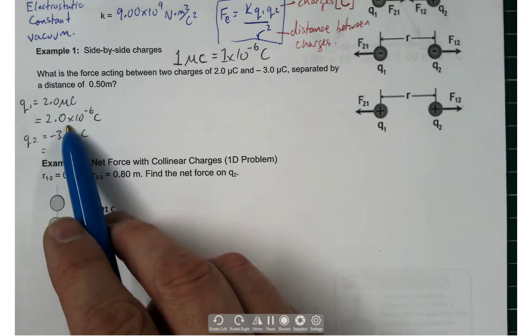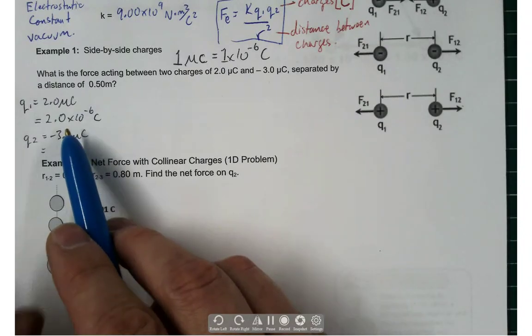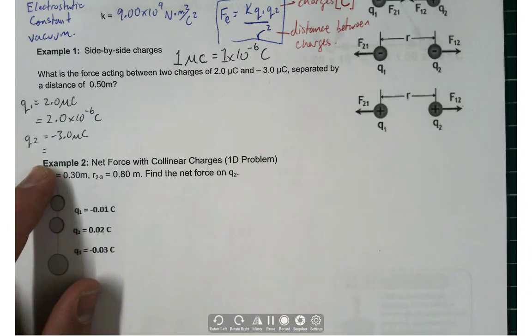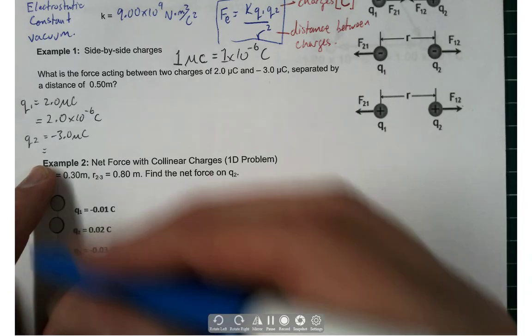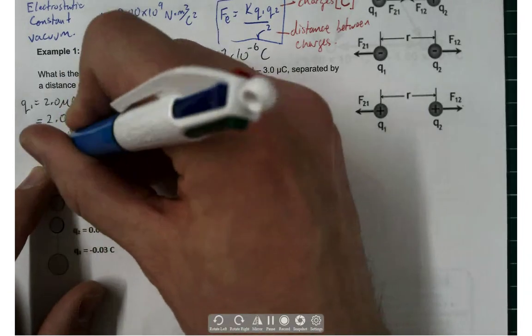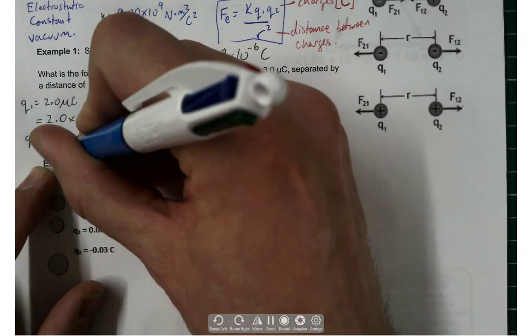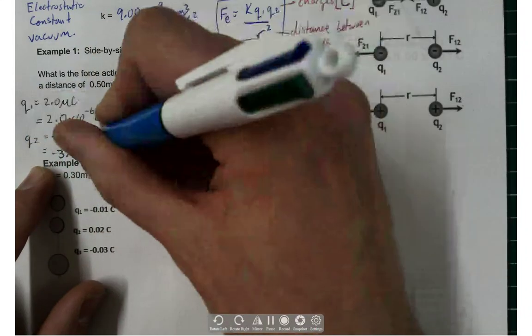The reason is that electrons are the mobile charge, right? So we talked about ionization or things losing charge, electronegativity they talk about in chemistry class, but somehow electrons have been stolen from something to make it positive. We don't deposit protons. That's just not the way charge gets transferred. So negative 3.0 times 10 to the power of negative 6 coulombs.